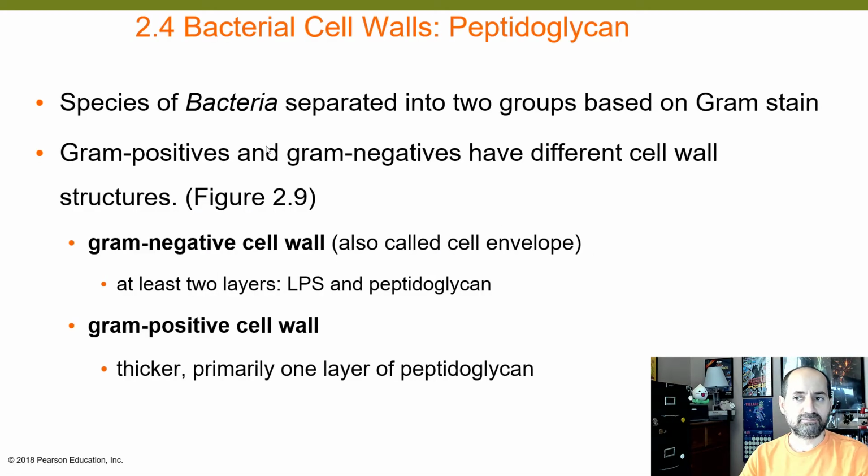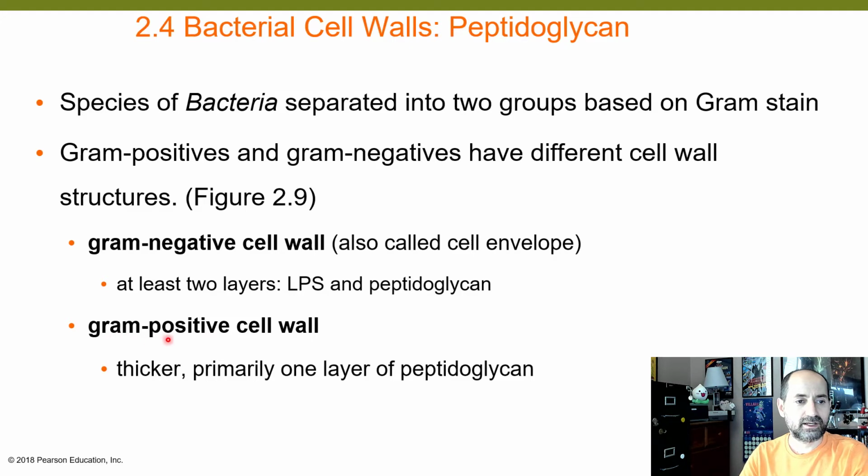Now recall that bacterial cells typically have cell walls, and they can be separated into two groups based on their cell wall architecture. There are bacteria that are considered gram-negative cell wall bacterium, and these are ones that stain negative, or stain pink, in the gram stain procedure.